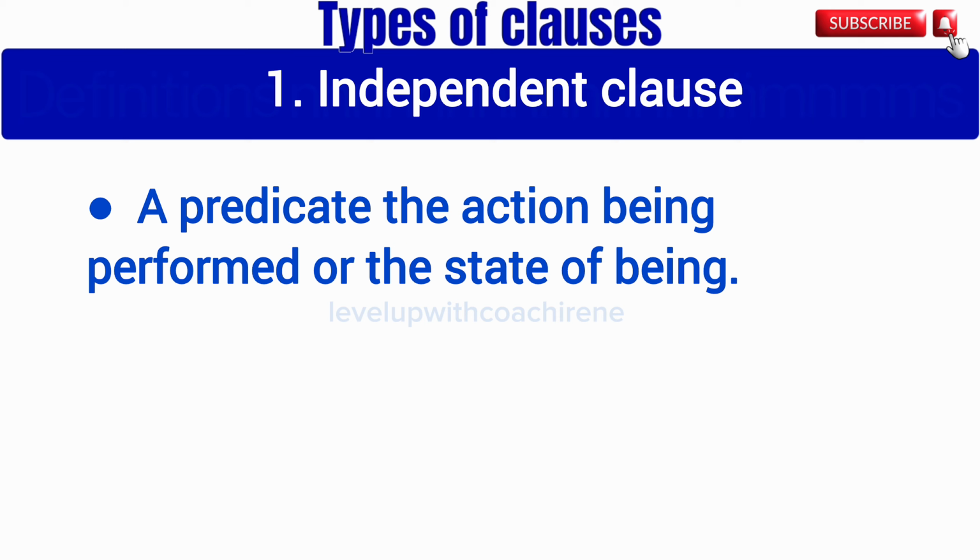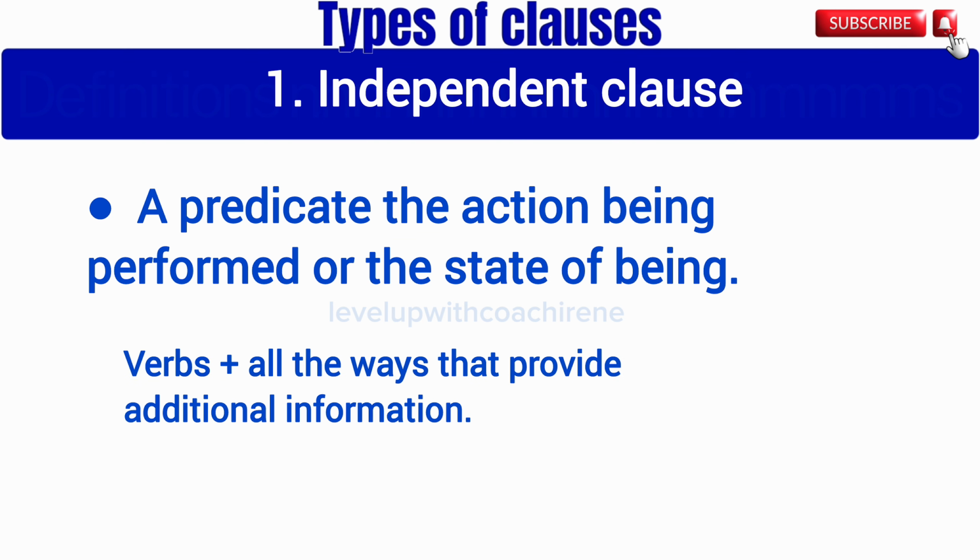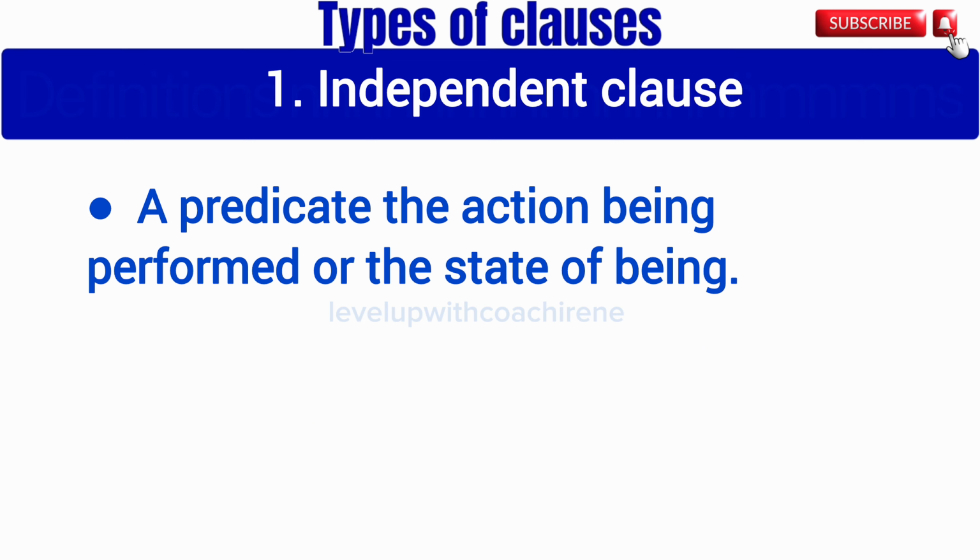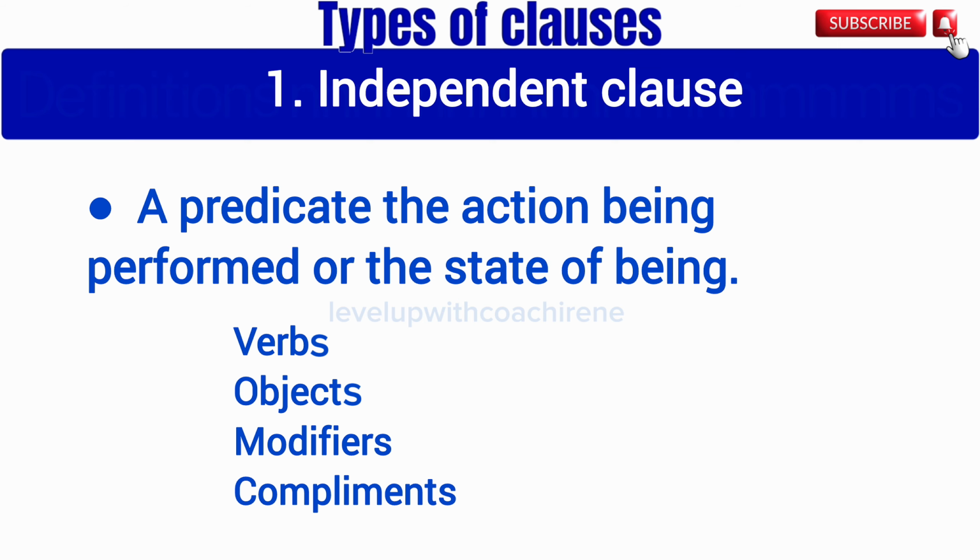It tells us what the subject does, experiences, or is. Essentially, it contains the verb and all the words that provide additional information about the action or state of the subject. They include verbs, objects, modifiers, complements.